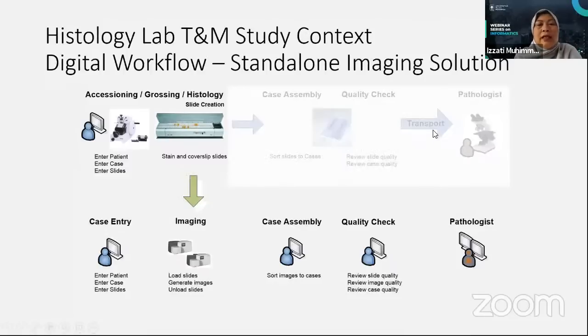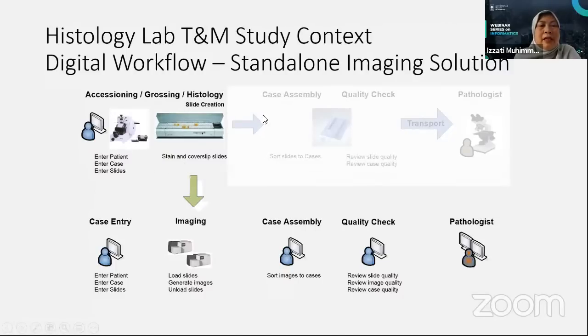Yeah, in the digital workflow, in the standalone imaging solution, the process is not transport but scan.